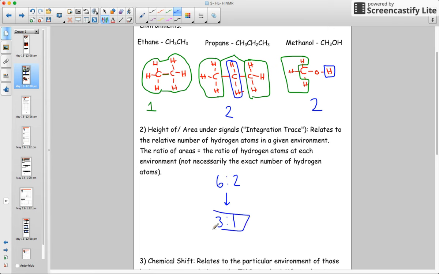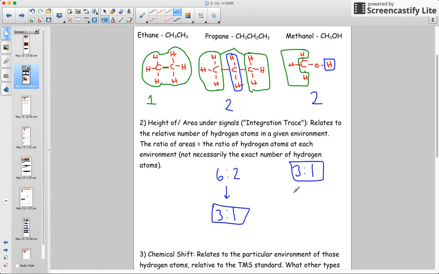Really it's the areas underneath the peaks, but usually it shows up as the height of the peak. One peak should be 3 times as high as the other peak. And if we look at this one, we again get a 3-to-1 ratio. So that should be the relative heights, relative areas of the 2 different peaks.